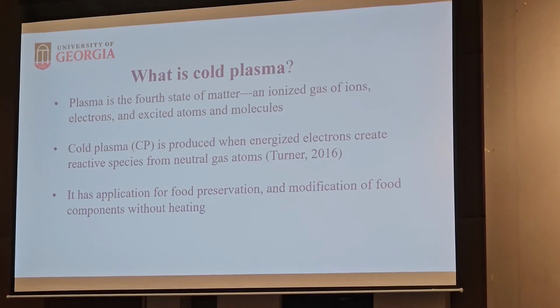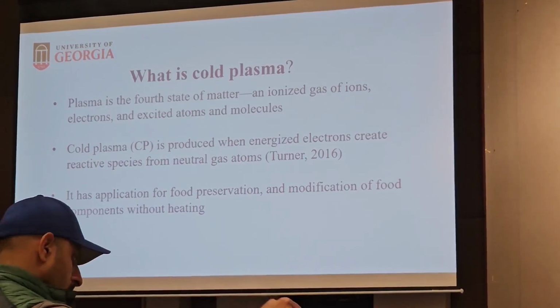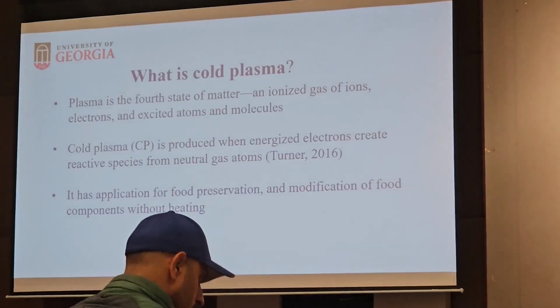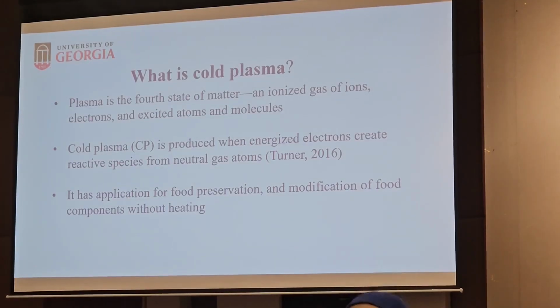It has application in food preservation, and we can also modify food components without heating. Some of my previous work has been on modification of proteins and other aspects of food, but this talk is mainly on food safety.